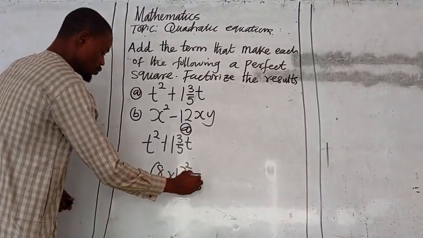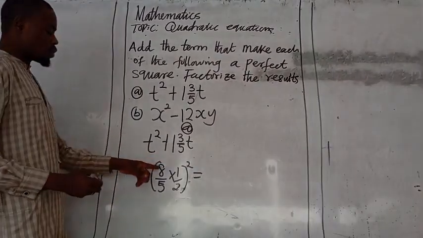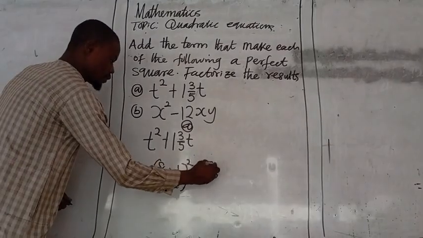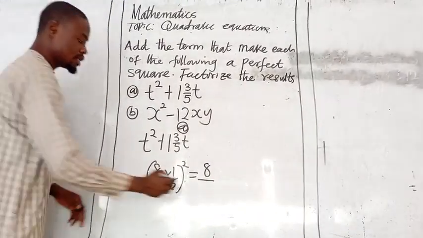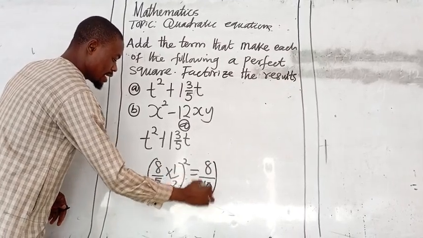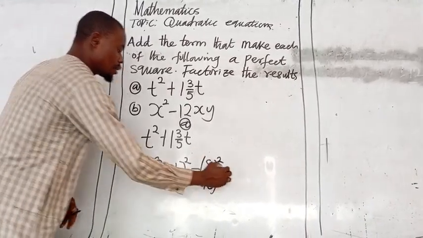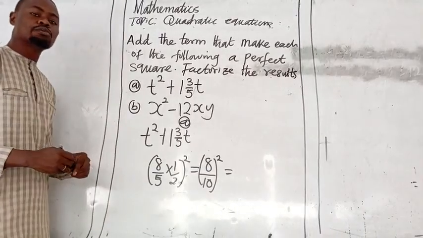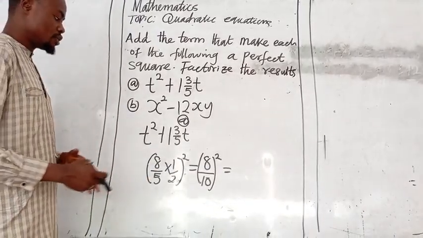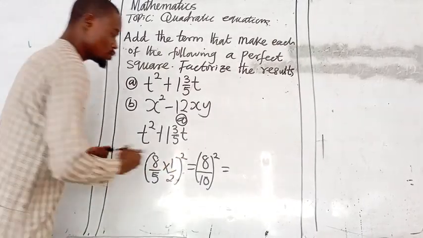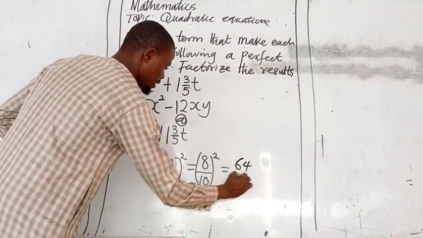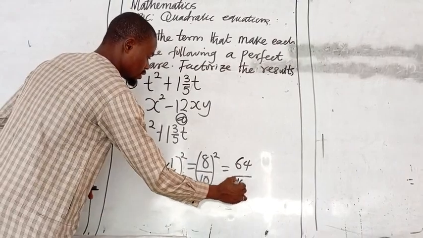You now have 8 times 1 is 8, all over 5 times 2 is 10. Then remember, I still have the square here, and this square affects both the numerator and the denominator. 8 times 8, we have 64. Then 10 times 10, we have 100.